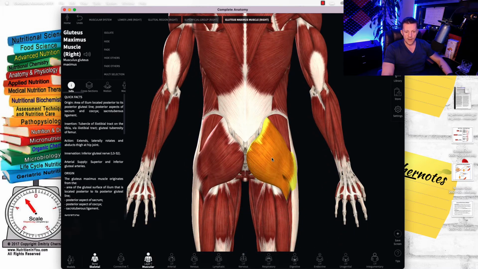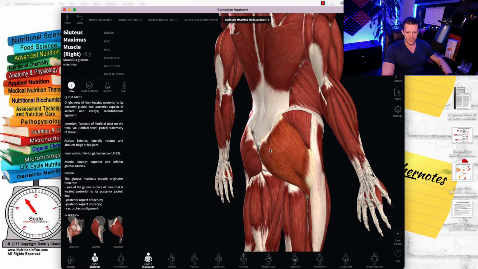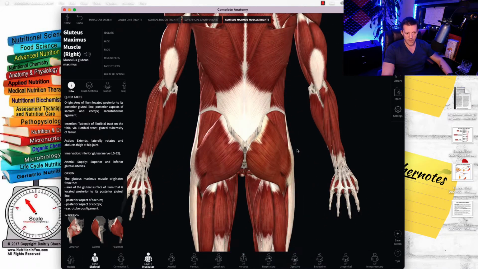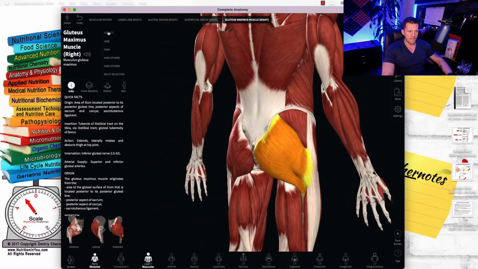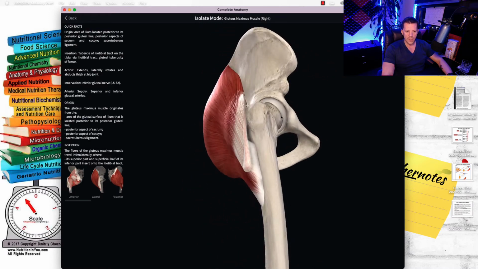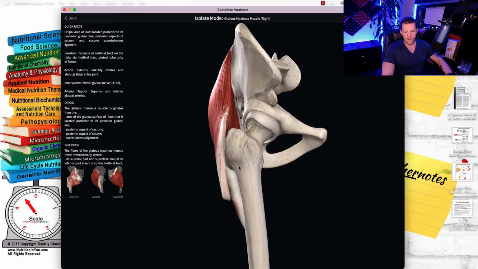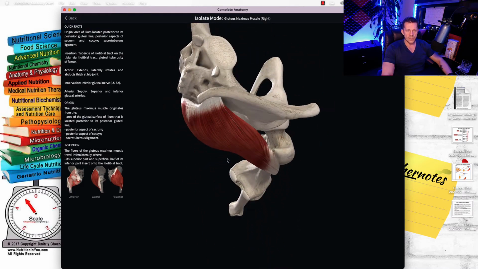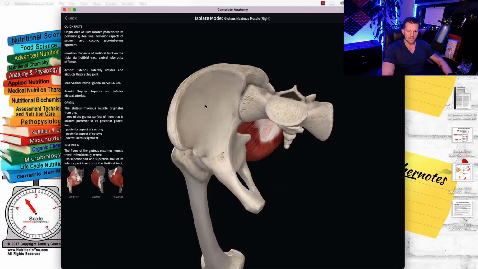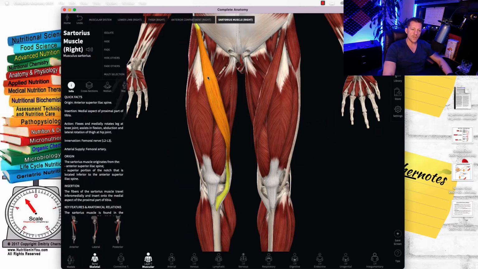So this is the gluteus maximus. Let me isolate the gluteus maximus. It is connected to the femur and to the ilium, right, to this crest posteriorly. Let's look at the sartorius muscle.